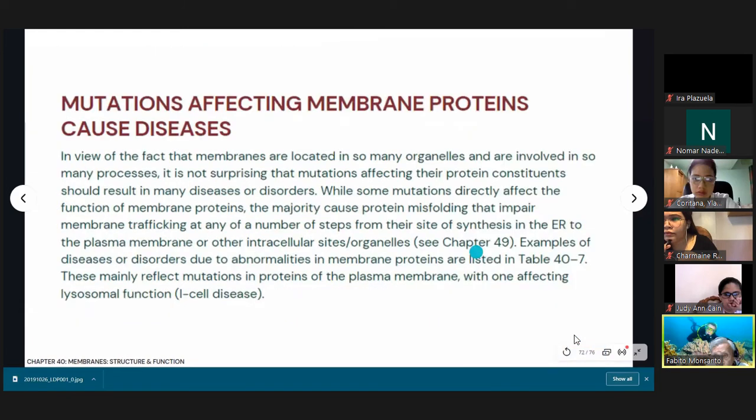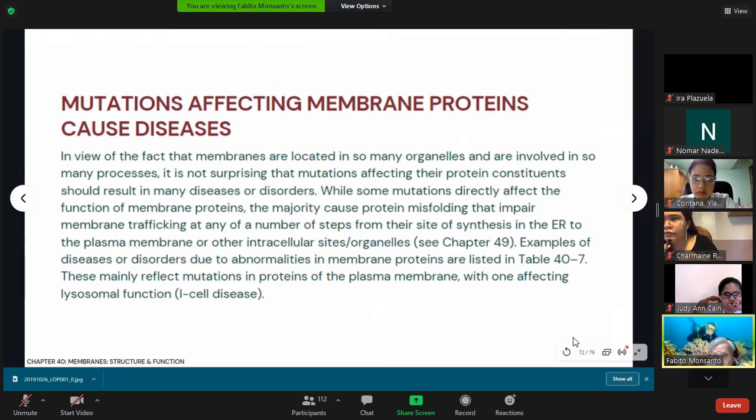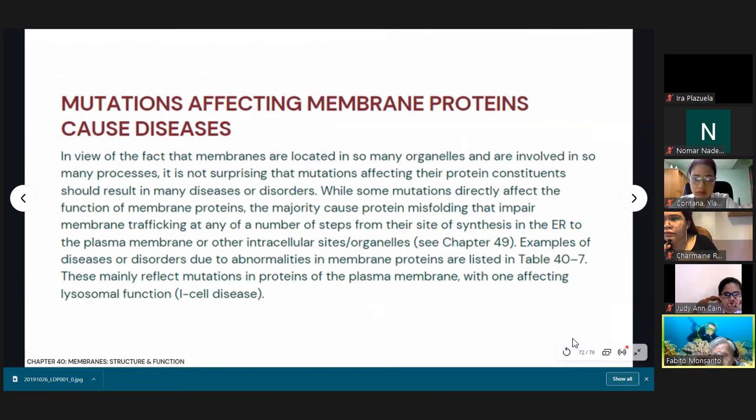Okay, so depending on the target cell, whether those materials are hormones, antibody on the target cell. Okay. Mutations affecting membrane proteins.